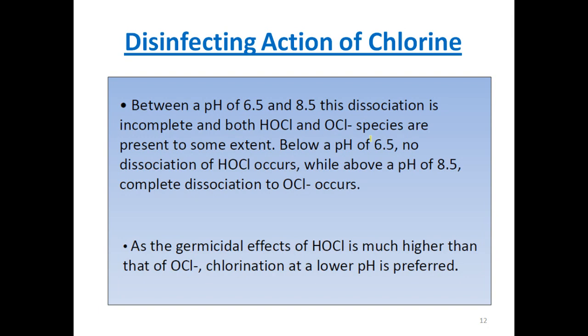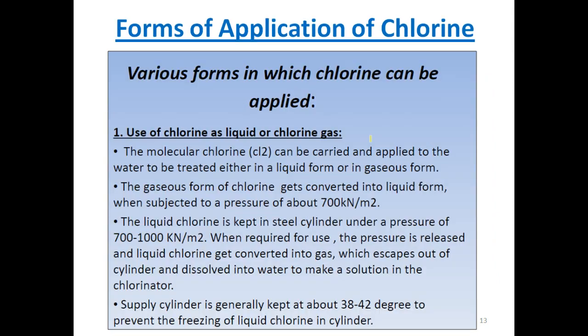Above a pH of about 8.5, complete dissociation into hypochlorite ions occurs. As the germicidal effect of hypochlorous acid is much higher than hypochlorite ions, chlorination at lower pH is preferred.